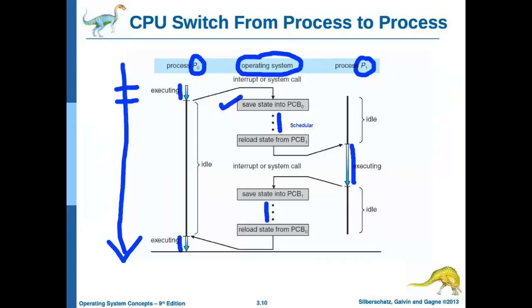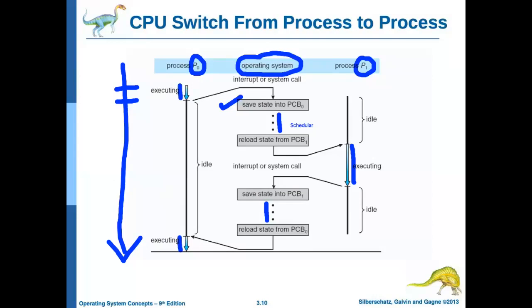Any doubt in this? So in very simple words, whenever you want to switch from one process to another process, when I want to switch from PI to PJ, then save the state information into PCB I. The scheduler will start. It will select the next process, for example, say PJ.